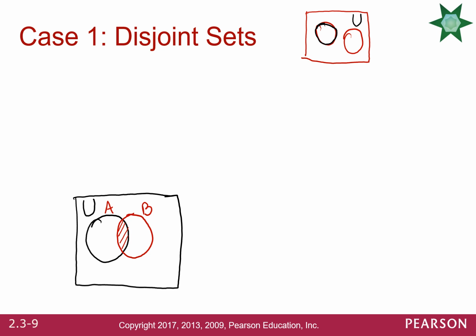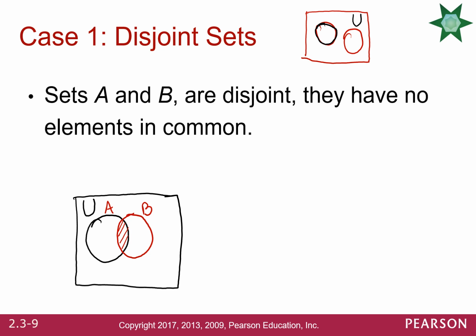Now over here, so disjoint sets, we do not expect any connection. However, we can represent disjoint sets in this form also, in the general form, by showing them intersecting, but that intersection will really be an empty set. So let's pull up the information here. Set A and B are disjoint. They have no elements in common.